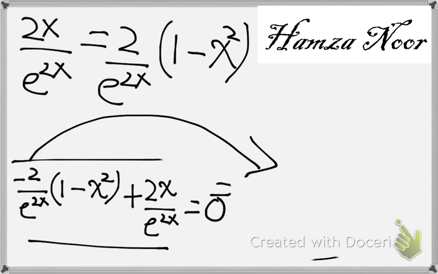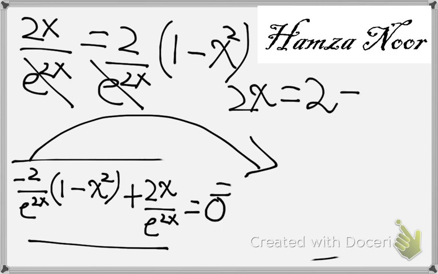You need to be very accurate at your algebra concepts. So a further easier way to solve this is to eliminate these both things. Obviously they would be eliminated. So your final equation obtained is 2x is equal to 2 minus 2x squared, because the constant term is multiplied by both the terms 1 and minus x squared.